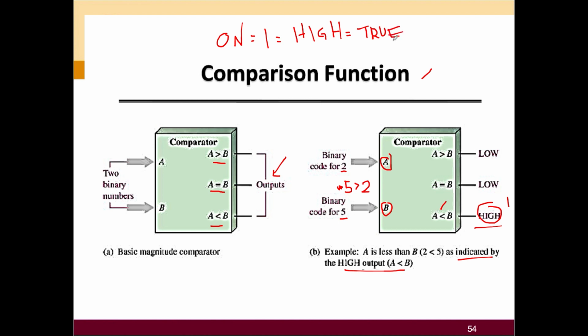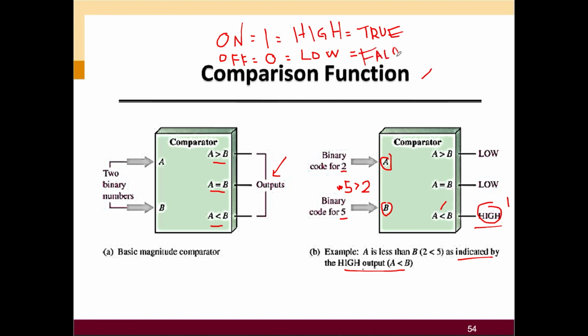While for the low, which is off, the value is normally 0, and then we call it low, and it is false.